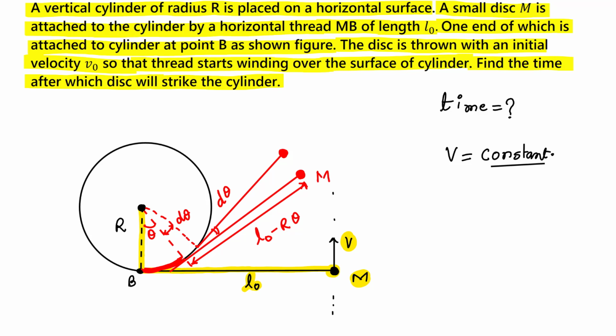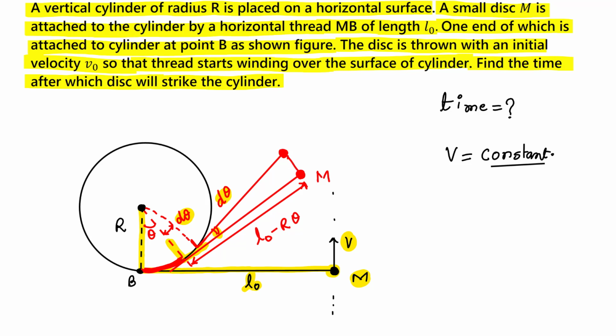This line is perpendicular to this line, and this one is perpendicular to this line. So the angle is d theta, and here also this angle has to be d theta. Now as I said, the v remains constant, so this velocity is still v.